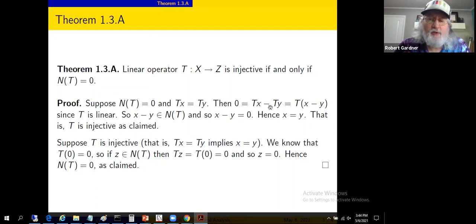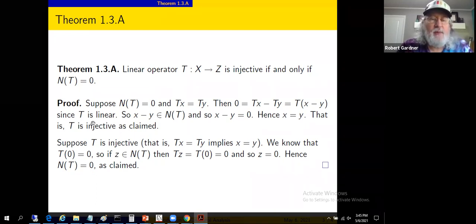It's not any sort of distribution. Distribution applies when you have something like multiplication. This isn't multiplication. This is linearity of a transformation that allows us to rewrite this quantity as that quantity. It isn't factoring the T out or anything like that. It's the linearity of the transformation. So T being linear, we can rewrite things like this.